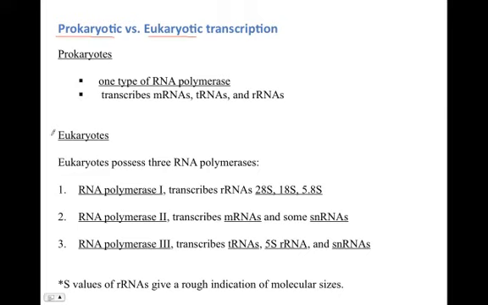In contrast, eukaryotes possess 3 RNA polymerases that have unique functions. RNA polymerase 1 transcribes ribosomal RNA, RNA polymerase 2 transcribes messenger RNAs and some small nuclear RNAs, whereas polymerase 3 transcribes primarily tRNAs.